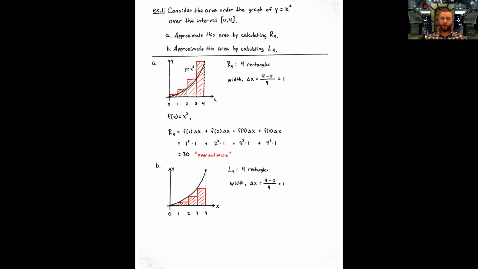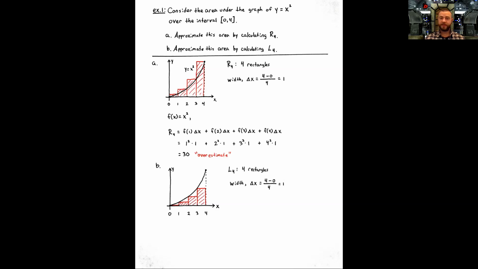Going all the way left to right, the first left endpoint is 0, then 1, then 2, and the last left endpoint is 3. The first rectangle we sketched on the subinterval 0 to 1 is kind of degenerate. It has 0 height, so I just drew a little red line on the x-axis there.